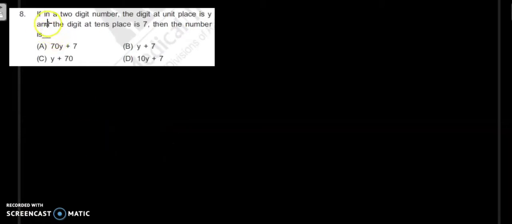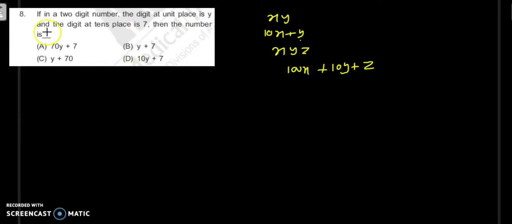In this question, a two-digit number is given. Any two-digit number is written in which way? 10x plus y, unit digit plus tens digit. Suppose the number is a 3-digit number xyz, how to write? z unit digit plus 10y plus 100x. Clear? So here also they are saying the number is like that: unit digit is y and tens digit will be 7.